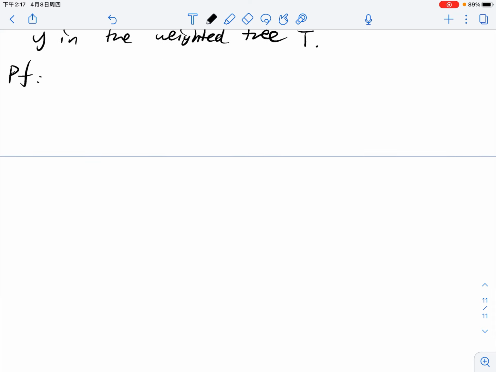Okay, so for the proof, we focus only on the second half. The first half follows from the general algorithm for growing a spanning tree.